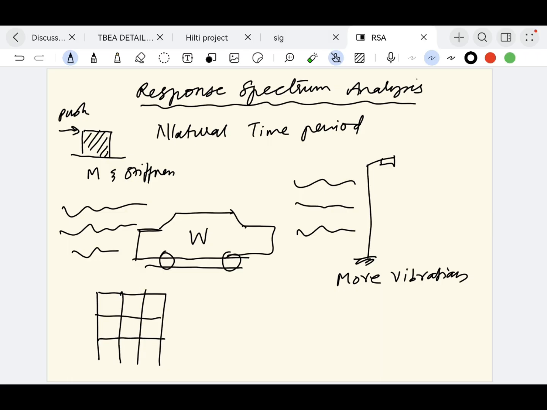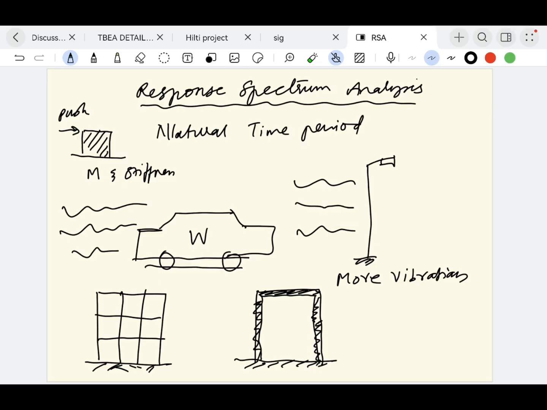And at the same time we have a building without frames, with shear walls all around and no frames inside.